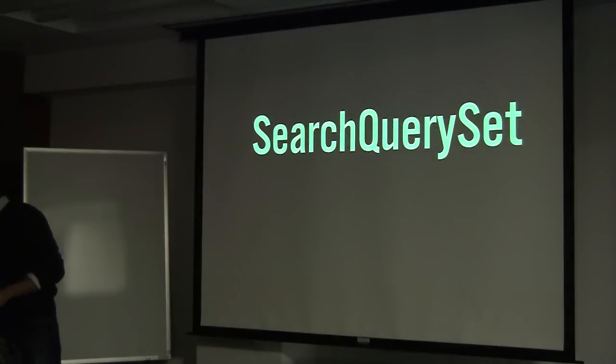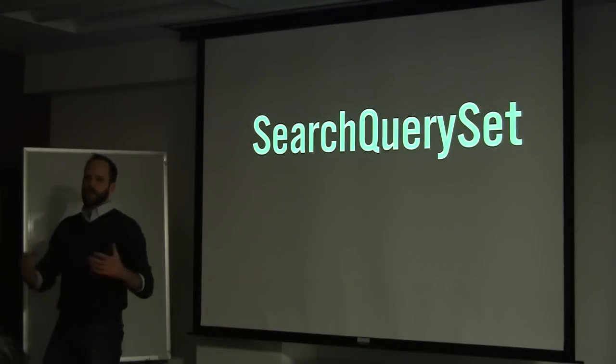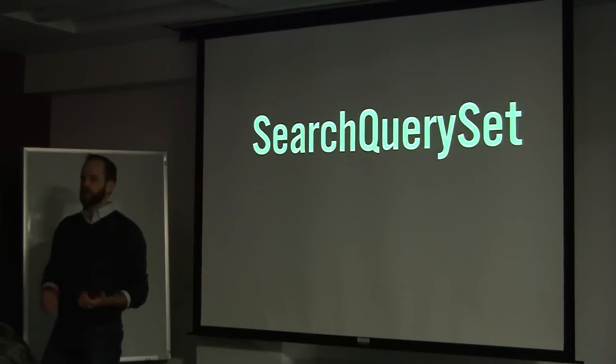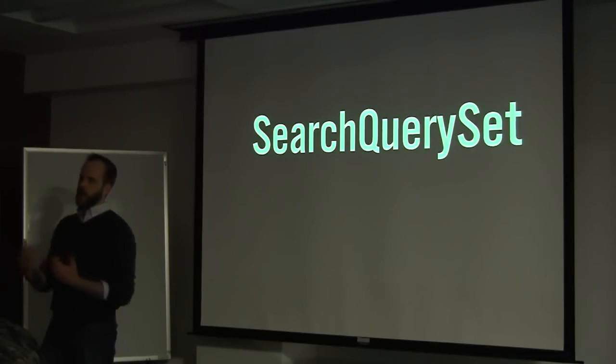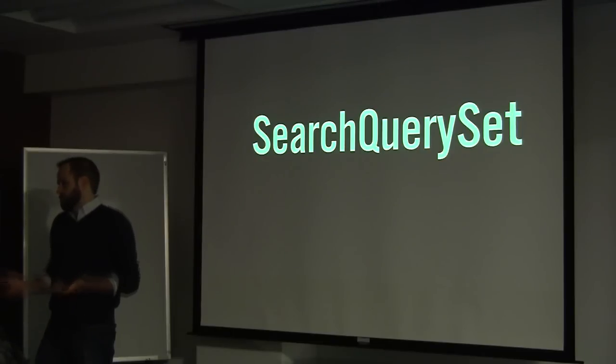So we're going to do the Haystack components. The search query set, as mentioned, is kind of ORM-oriented. It tries to stick pretty closely to the query set API. If you're going to be getting data out of your ORM, say SQLAlchemy, as long as the object looks like a query set, it should work.